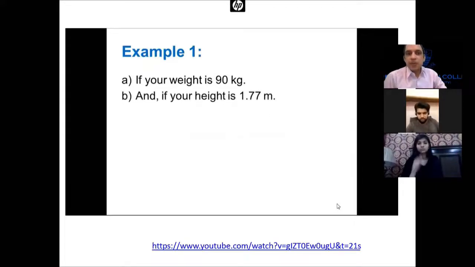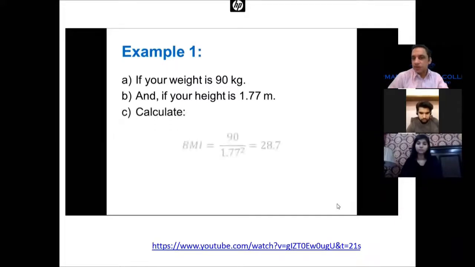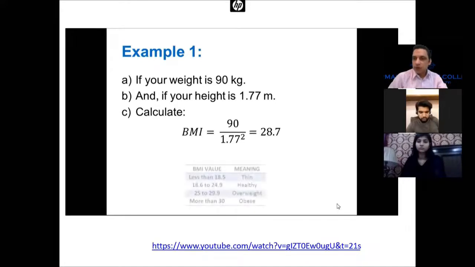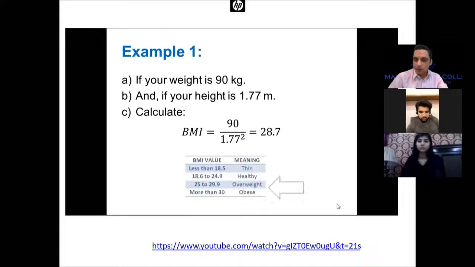If the person's weight is 90 kilograms and height is 1.77 meters, they put 90 kilograms there, divided by 1.77 raised to power 2, which ended up at 28.7. Then go back to the chart and see where 28.7 lives. It lives in an overweight region. So that person is supposed to be overweight.